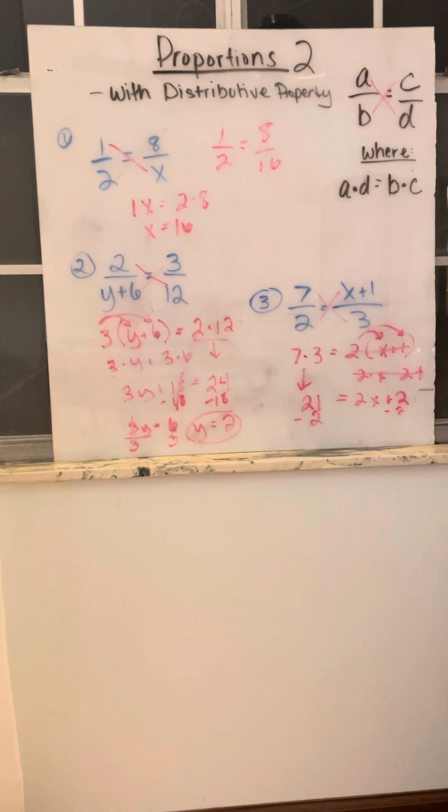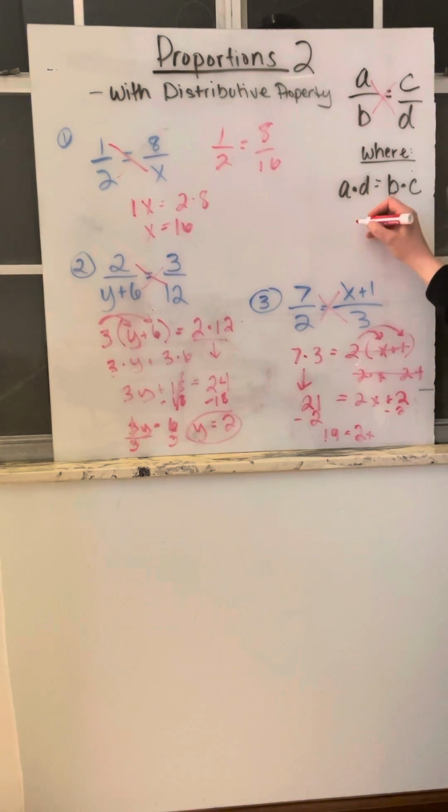So 21 minus 2 is going to be 19 equals 2x. The last thing I need to do is to divide both sides by 2.